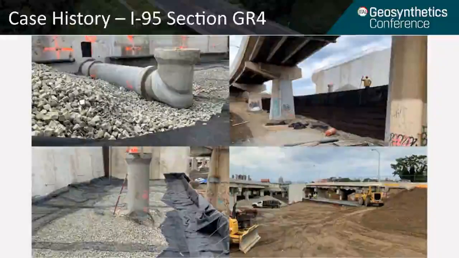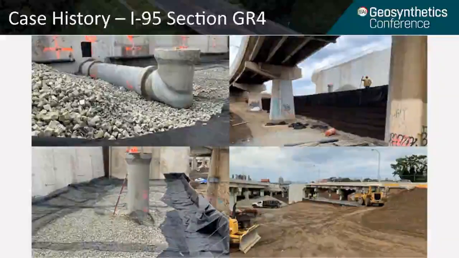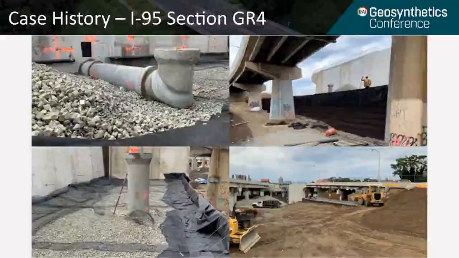And finally, we have some photographs from the construction of the MSE wall. In the upper left, you can see that there was some stormwater piping that had to be integrated into the reinforced fill. In the upper right, you can see that existing ramp and columns, and you can also see the temporary facing for the foam glass aggregate section consisting of that welded wire mesh.